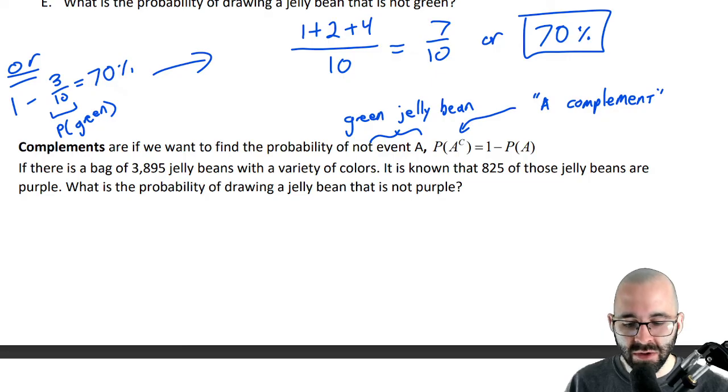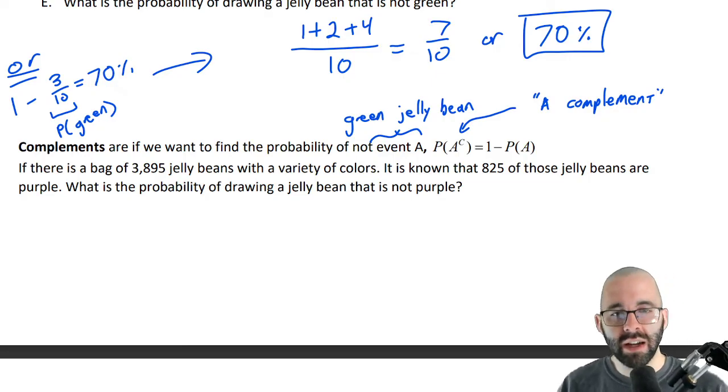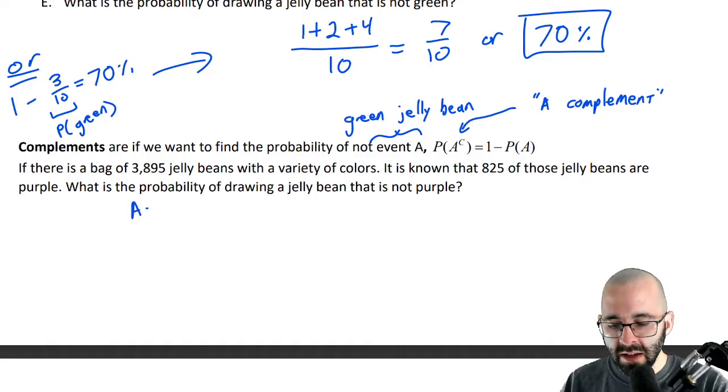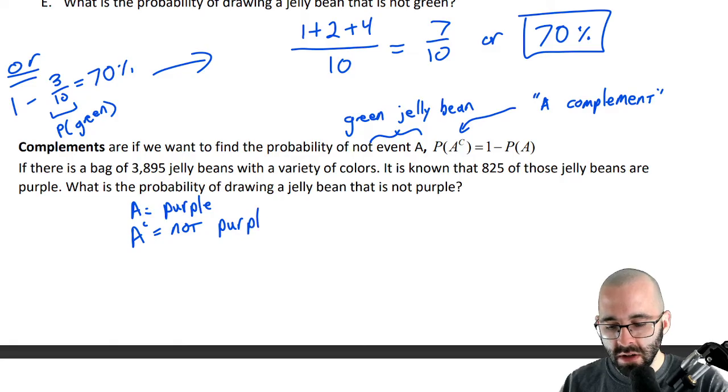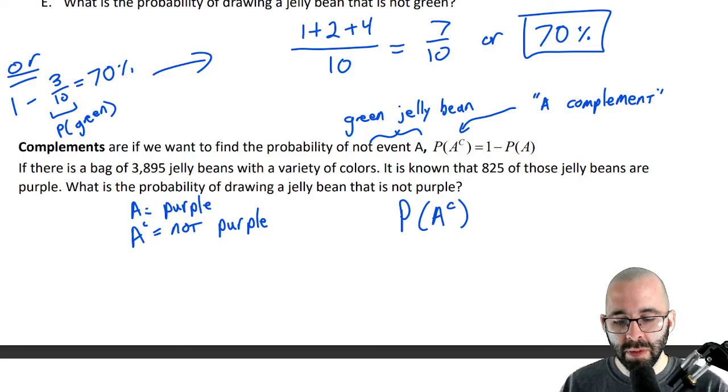So what's the probability of drawing a jelly bean that's not purple? Okay, so let's put this in terms of these letters. A is the event of getting a purple one. A complement is the event of not getting a purple. So the probability of drawing something that's not purple is 1 minus the probability of drawing something that is purple.